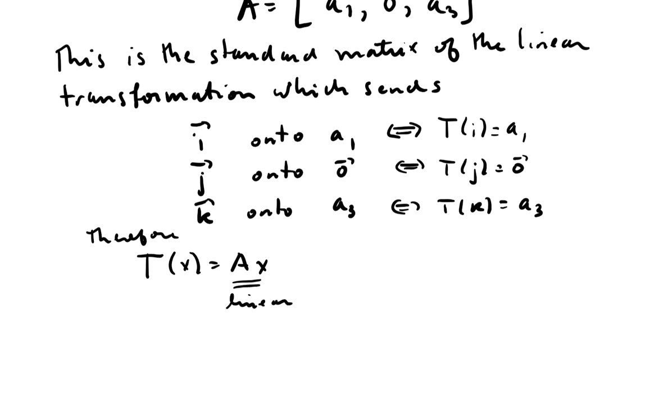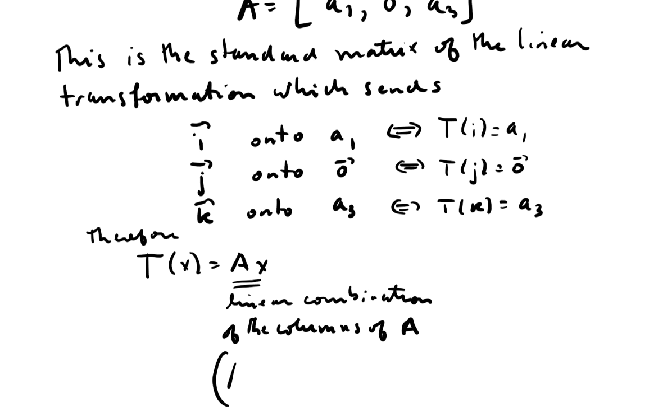This matrix vector product is a linear combination of the columns of A. Because when we do AX, we're doing A1, A2, A3 times x1, x2, x3.